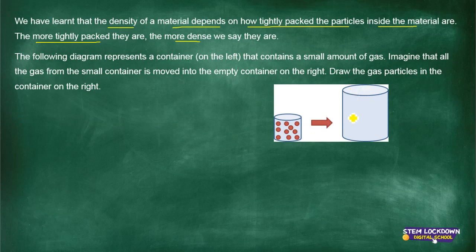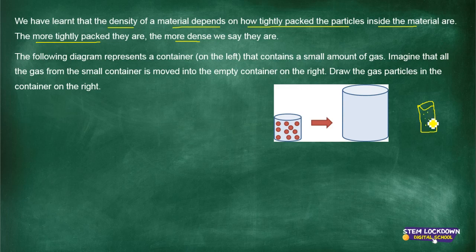So what I want you to do now is draw a small container. You can draw a cylinder. When you draw a cylinder, you draw two parallel lines on the side, a curved line at the bottom, and a little circle at the top. Excuse my drawing, but that's basically how you draw a cylinder. And then you're going to draw the particles here.